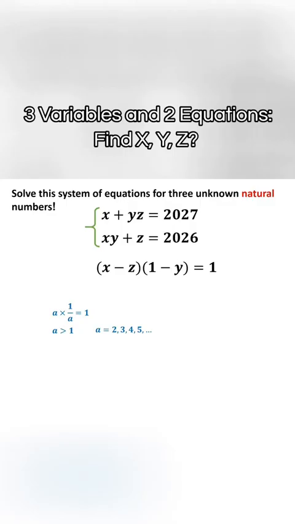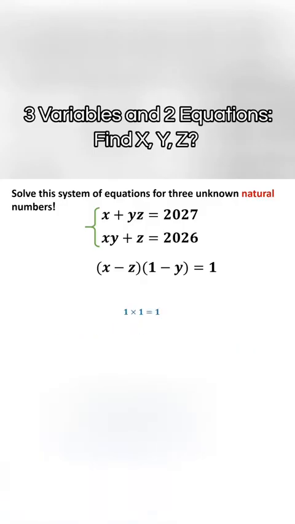But wait, if our second parenthesis, 1 minus y, has to be a fraction like 1/2 or 1/3 to satisfy this, then y would no longer be a natural number. This means hitting a brick wall against our main constraint, so case 1 is completely impossible.